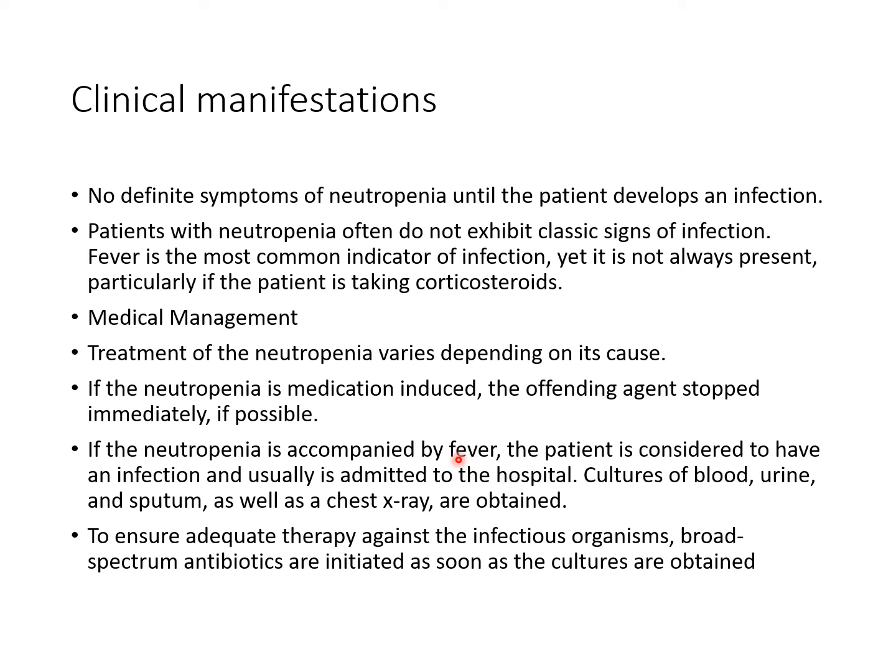So the fact that you have the temperature, the fact that they've looked at your labs, then they're going to just say, you know what, there's an infection cooking here. So they're going to do cultures of your blood, urine, sputum, chest x-rays, all of that is supportive data. They're going to start giving you broad spectrum antibiotics initially until they know exactly what the infection is.